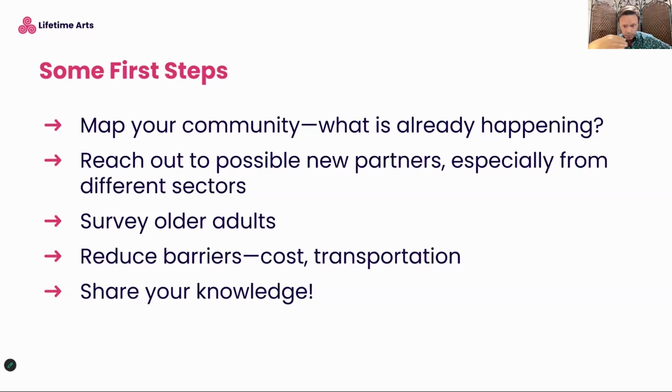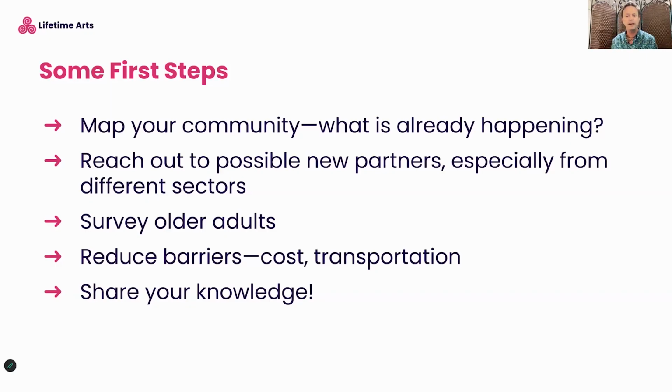Another step is to talk directly with older adults about what they want. This might mean sending out a survey or having informal conversations, or maybe creating a small focus group, or an advisory committee. And then we want to look at the possible barriers to participation. Could your organization help with transportation to classes or events?